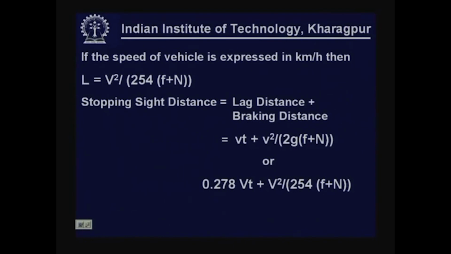So, it is V t plus V square by 2 G into F plus N. Here V is in meter per second, t is in second, or 0.278 V t plus V square by 254 F plus N. Here V is expressed in kilometer per hour.